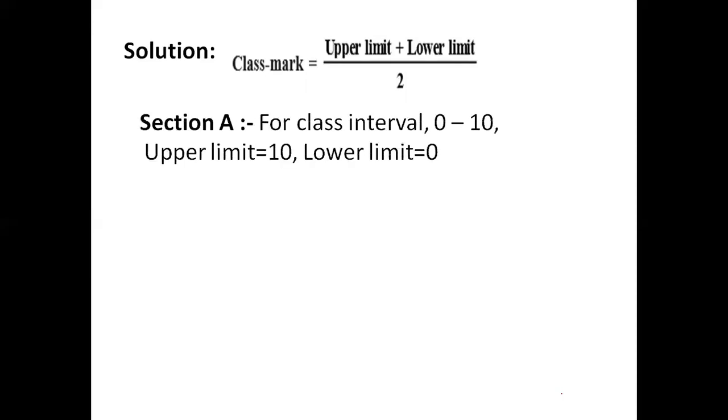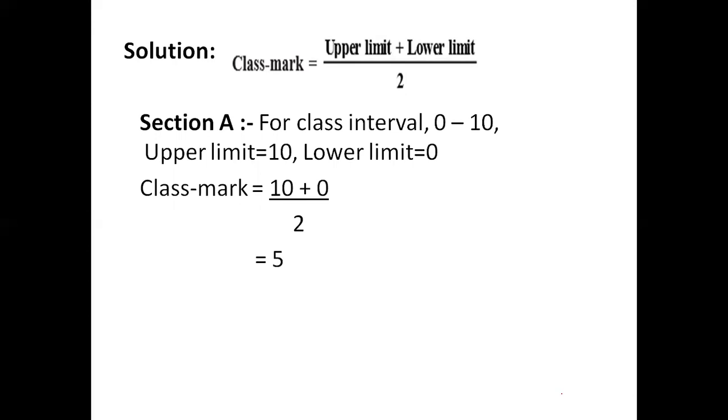So first we will find the class marks, that is upper limit plus lower limit upon 2. So for section A, we have the class interval 0 to 10. The upper limit will be 10 and the lower limit will be 0. We will write the formula class mark equals 10 plus 0 upon 2. So 10 upon 2 will be 5.